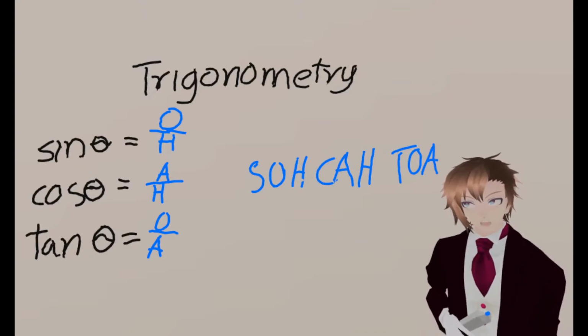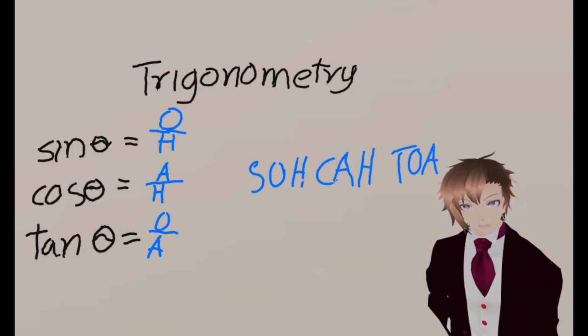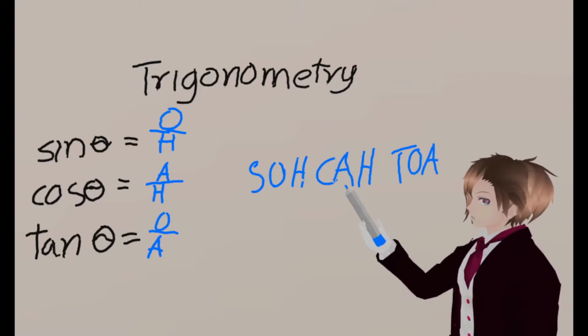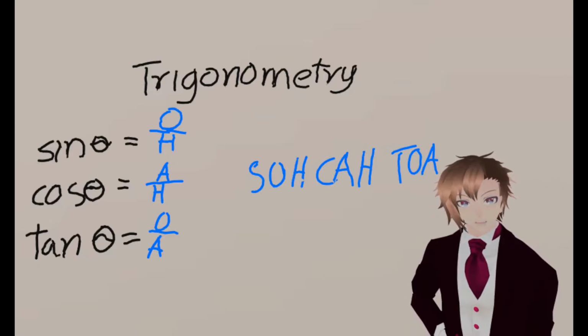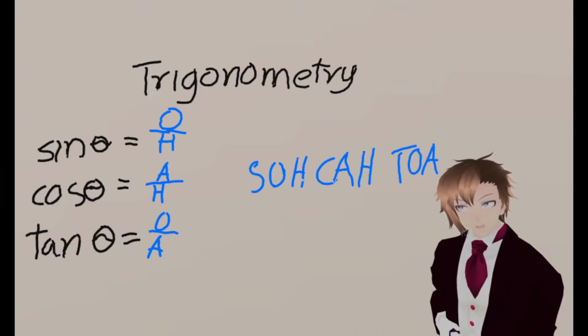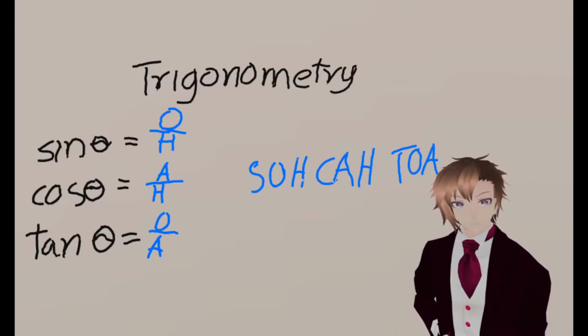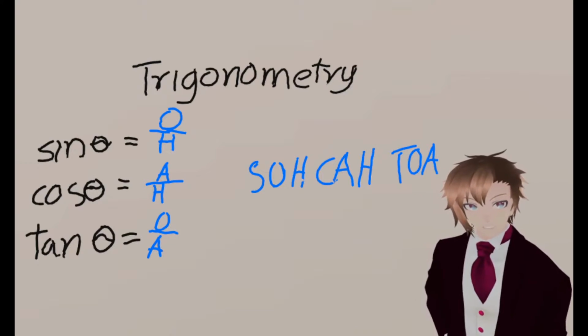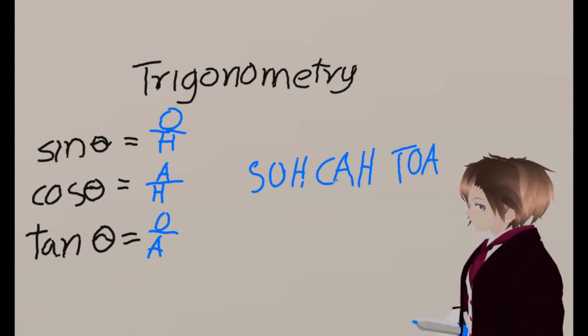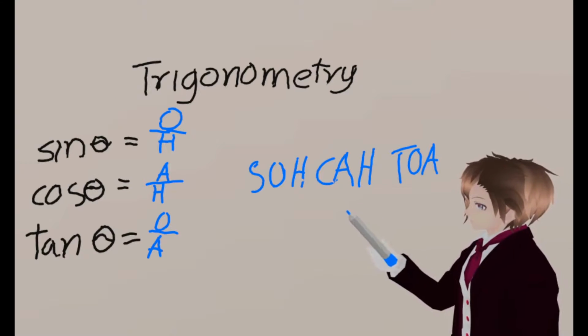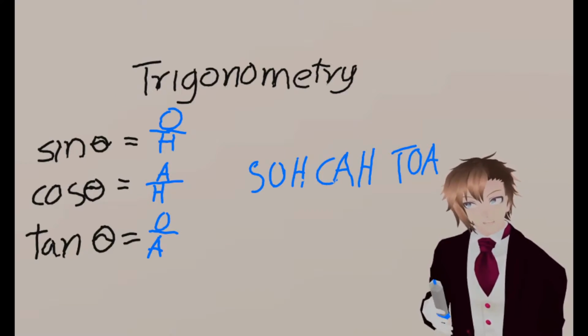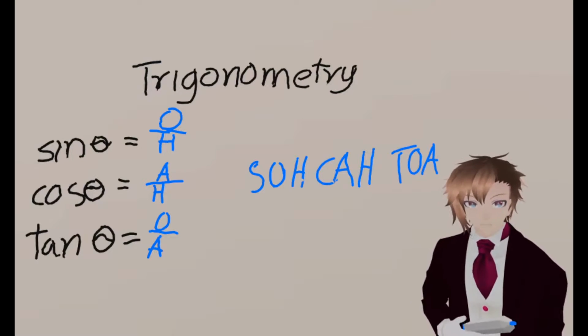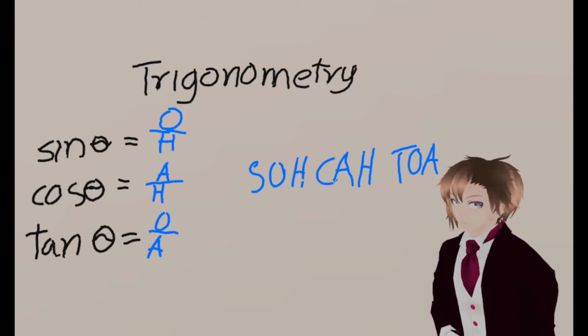I would recommend writing this on the top of each one of your pages while you're doing trigonometry, just to get in the habit and to help it stick in your head. SOHCAHTOA can also be really useful to remember during a test or an exam. In your questions, you will be given two things, and you'll need to find a third.